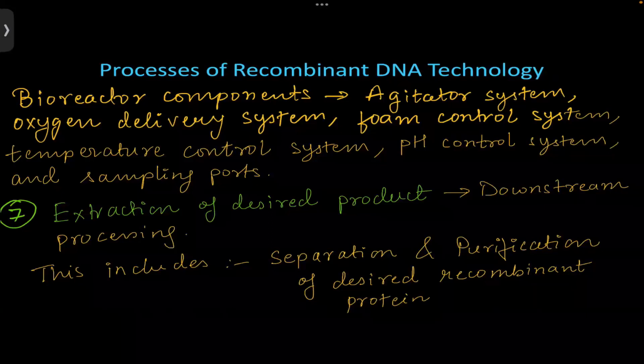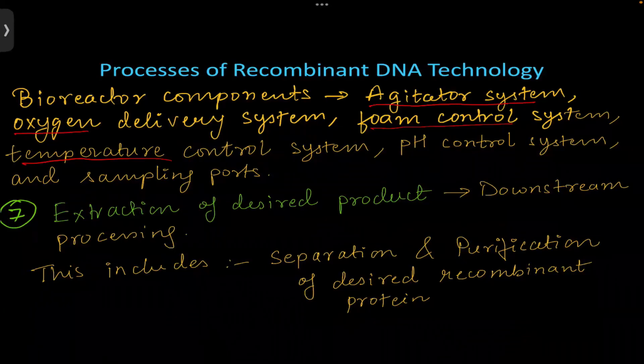Now, the bioreactor components that I've already mentioned, but I'll repeat here, consist of agitator systems, that is the propellers which are continuously rotating. Then there is an oxygen delivery system that supplies fresh oxygen, and foam breakers or foam control systems, temperature control systems that monitor the temperature of the culture broth, and pH control that monitors the pH of the broth.